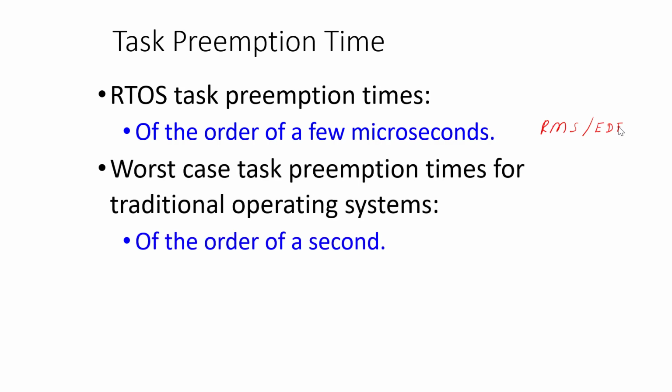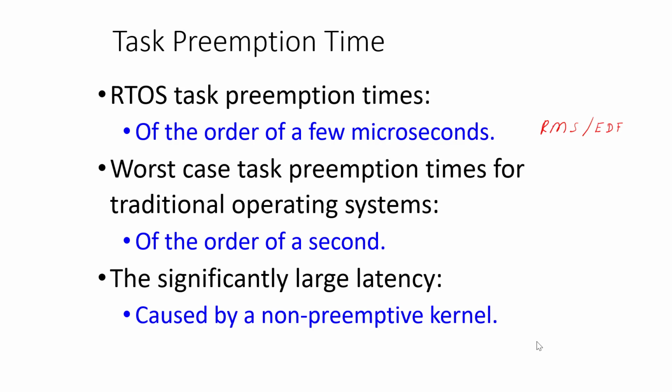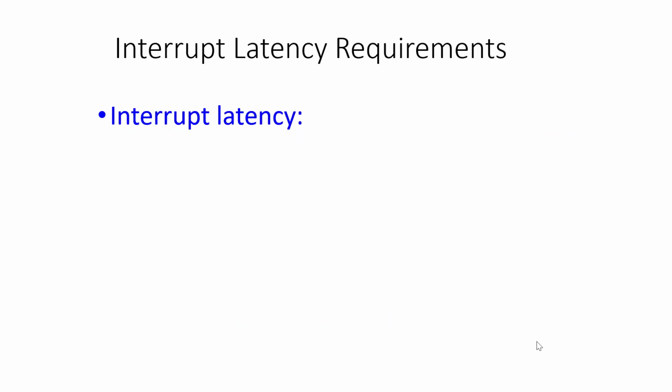So the worst case task preemption times for traditional operating systems are the order of a second. However, for real-time systems, we would like the task preemption times to be much faster, because otherwise we'll not be able to ensure that our tasks are meeting the deadlines.